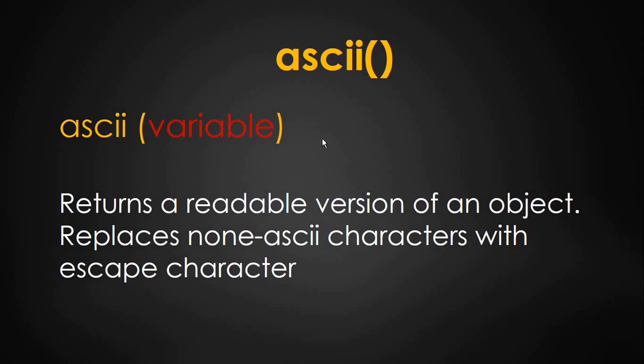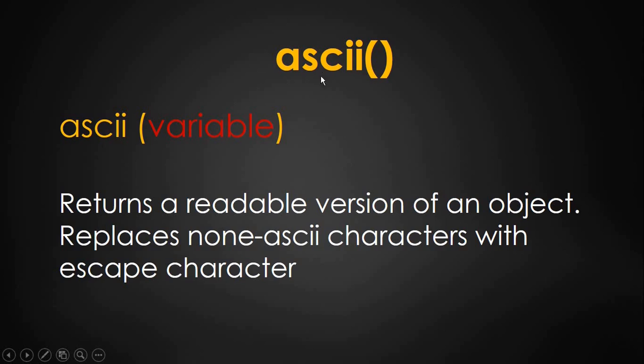Okay, now for this function, the ASCII function, it is the same. It takes a variable as an argument, and it returns a readable version of an object, replacing non-ASCII characters with escape characters. So let's now see some non-ASCII characters first, then we are going to see what this does.